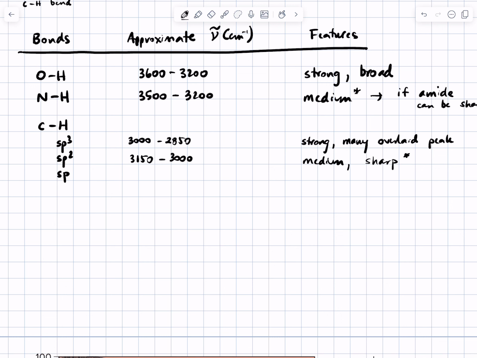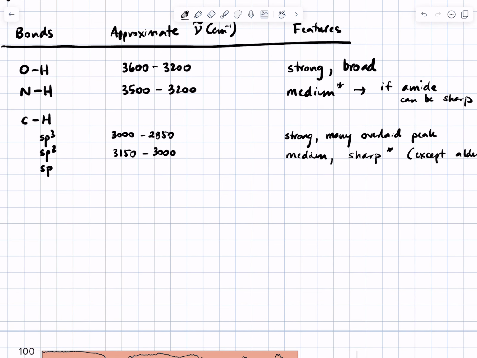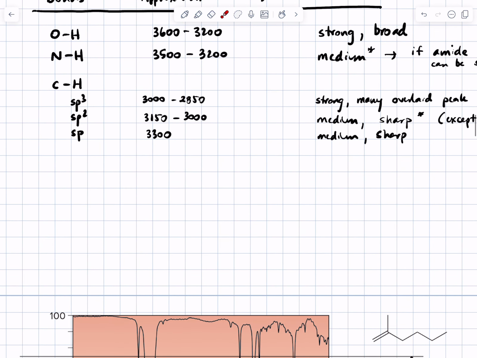I'm putting an asterisk here because for aldehydes, things change quite a bit. So I'll show you some characteristic stuff about aldehydes. For an alkyne, like an sp hybridized carbon-hydrogen bond for a terminal alkyne, those vibrate at even higher frequencies. Again, the intensity is medium, but the peak is sharp and separated from the cluster of peaks that represent the other CH bonds in the molecule. So that can be useful.